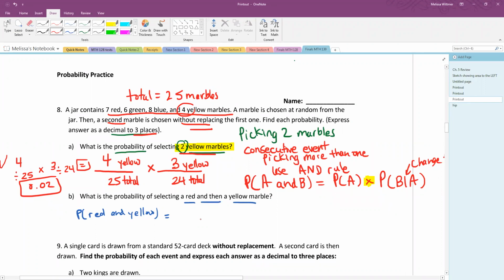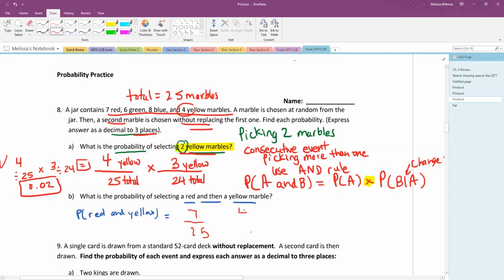Okay, so the red total was 7 total red. So I've got 7 red out of 25 total marbles. And then we have our yellow. So when we pick our yellow, we've got 4 total. Now this is a different color, so I'm holding out that first marble, and now I want to look at my chances of getting yellow.